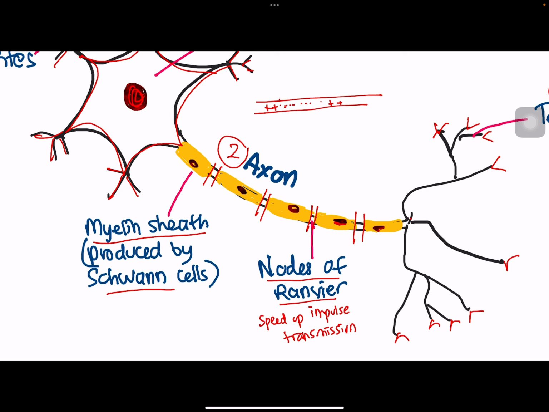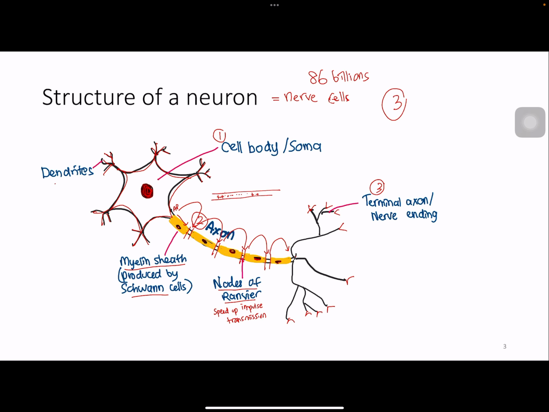Therefore, with the nodes of Ranvier and the myelin sheath in place, the action potential transmission can be sped up, because rather than going through all along the axon, it jumps at the nodes of Ranvier. Therefore, it allows for faster impulse transmission.